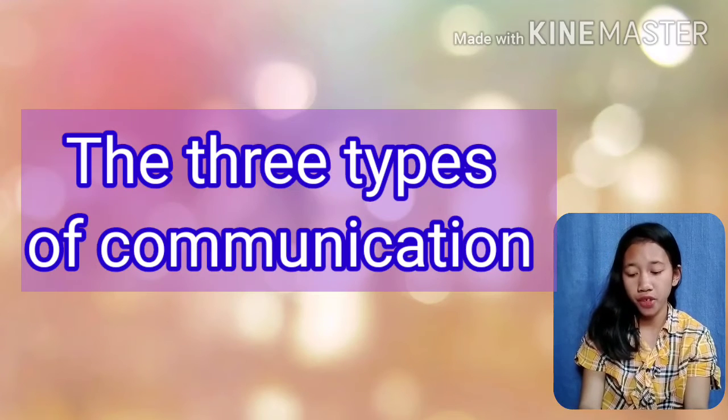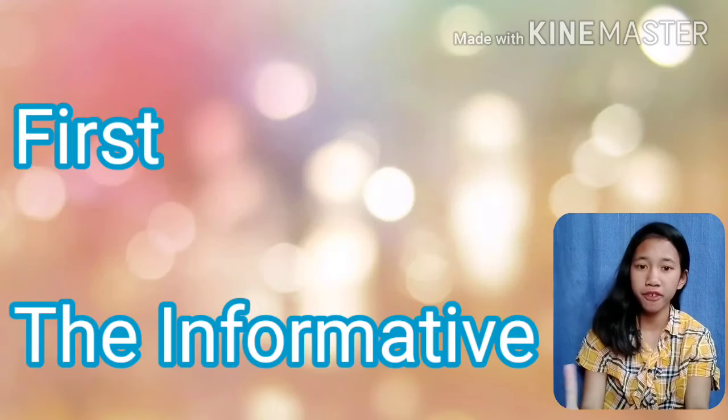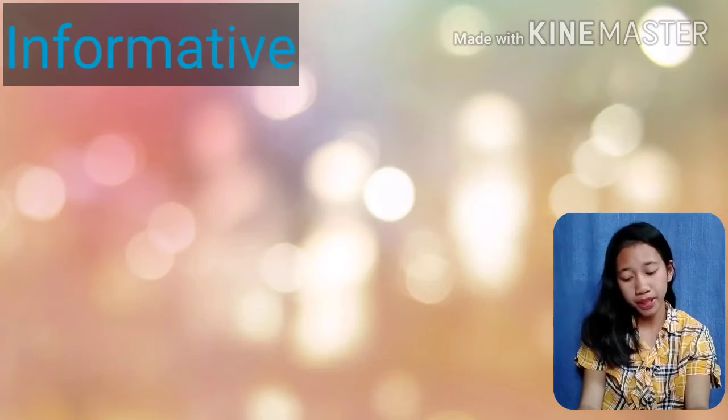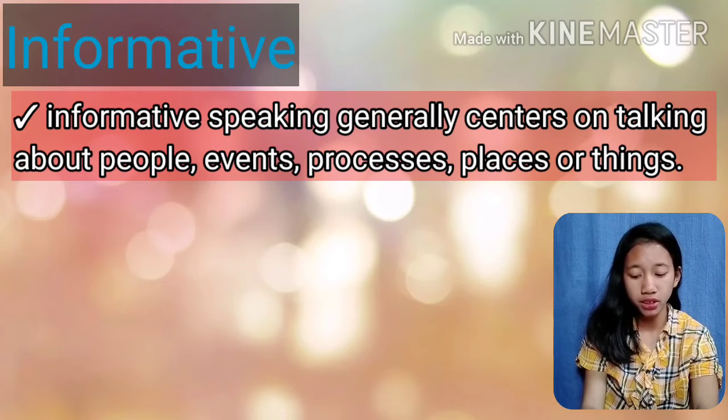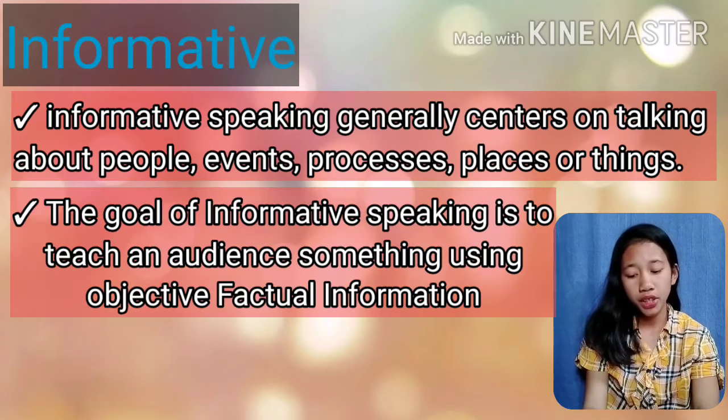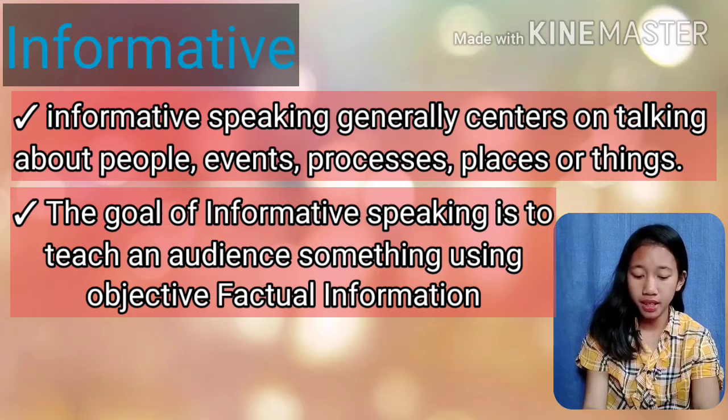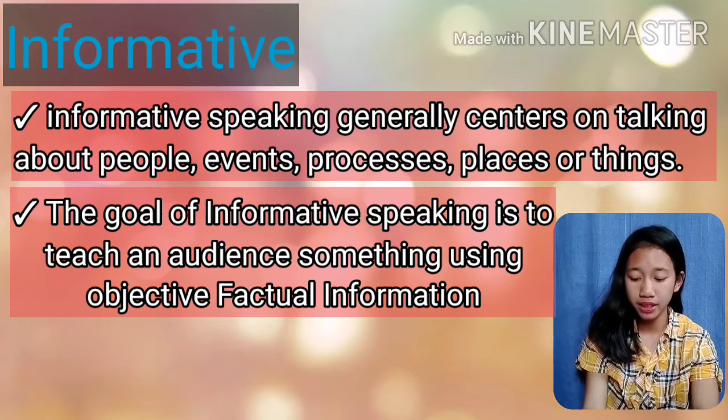So now, I will explain the three types of communication. First, the informative. Informative speaking generally centers on talking about people, events, processes, places, or things. The goal of informative speaking is to teach an audience something using objective, factual information.